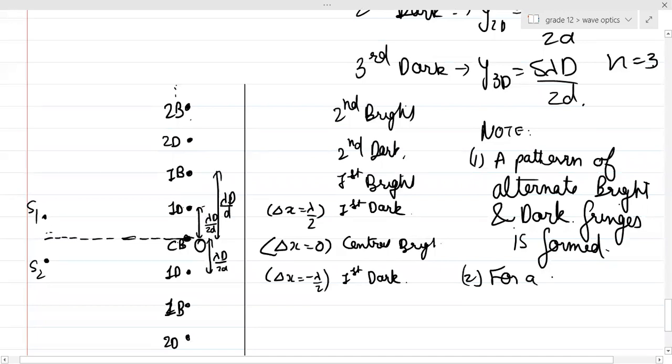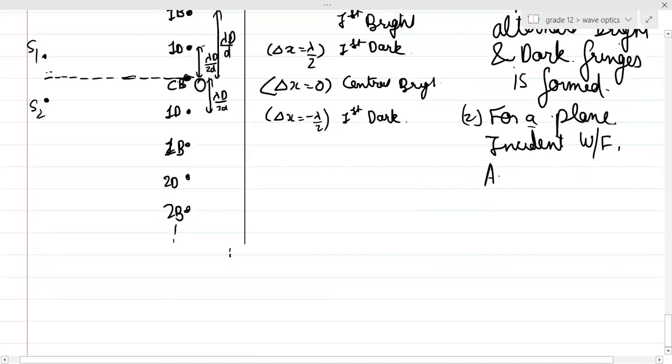For a plane incident wavefront, at the center, always a bright fringe will be found.